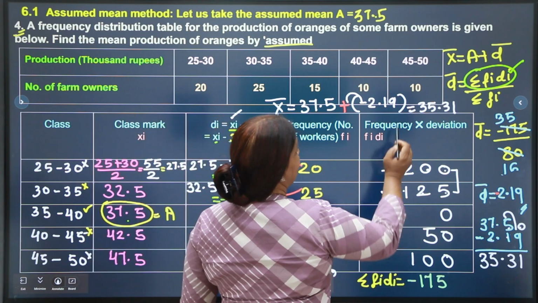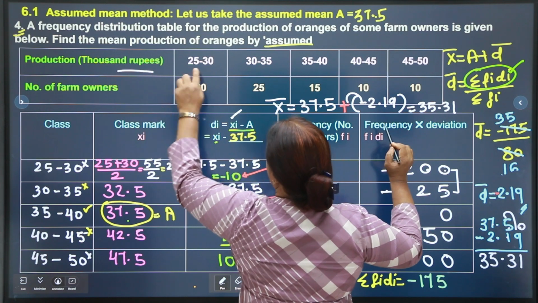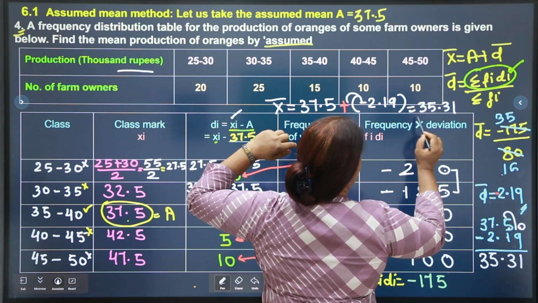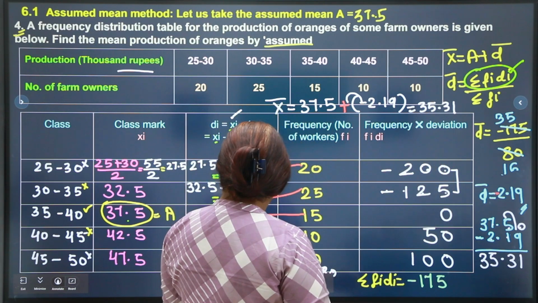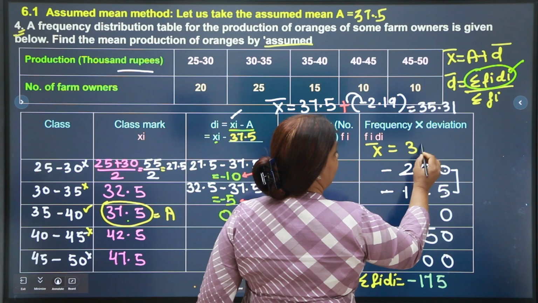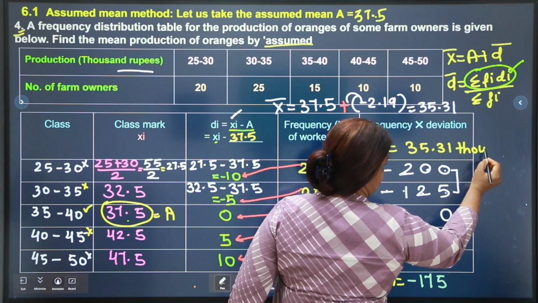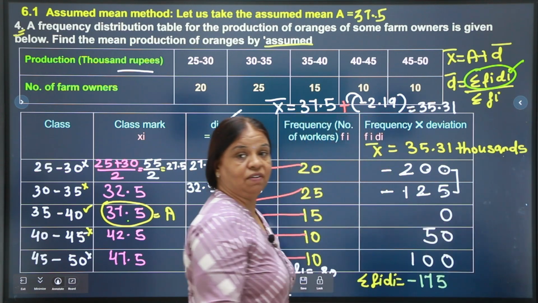The value which we have got is in thousands rupees, 25,000 to 30,000. So bar x value which we have got in thousands, okay? So let me write it here. Bar x is equal to 35.31 thousands. Okay. So what will be your bar x value?